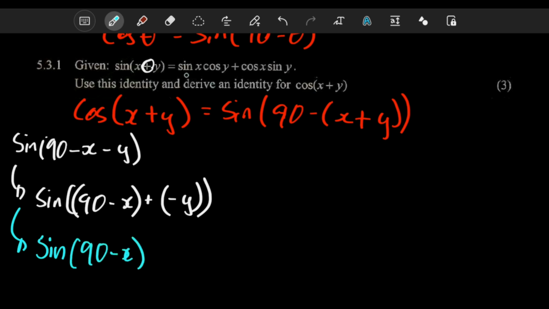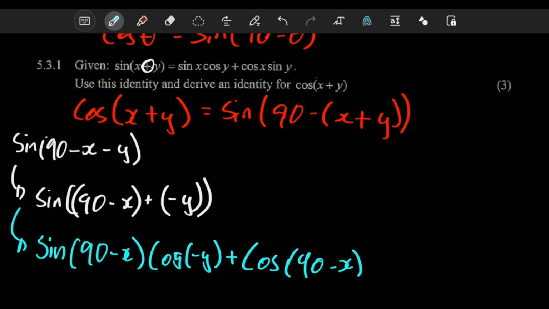And then cos y is clearly cos with the negative y over there. So this is going to be a plus in the middle, and then cos x is cos of this big bracket, 90 minus x, and then sine y is sine with a negative y.